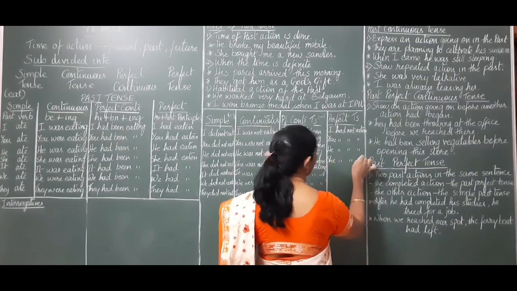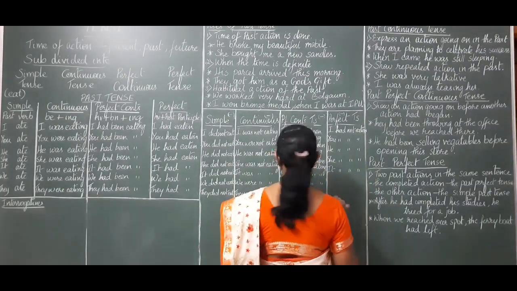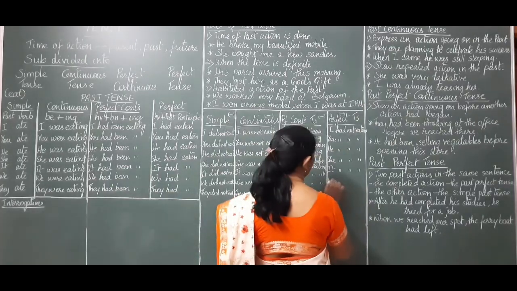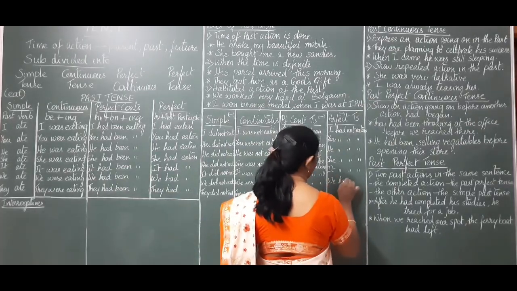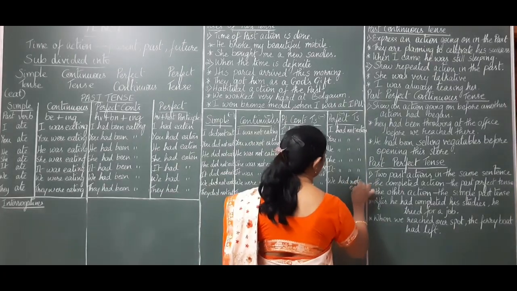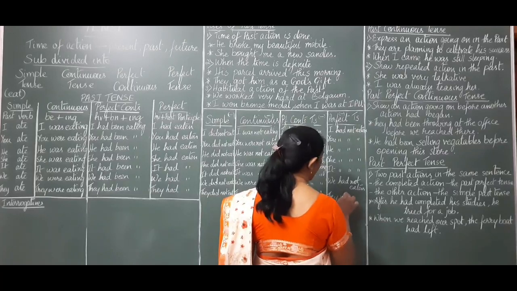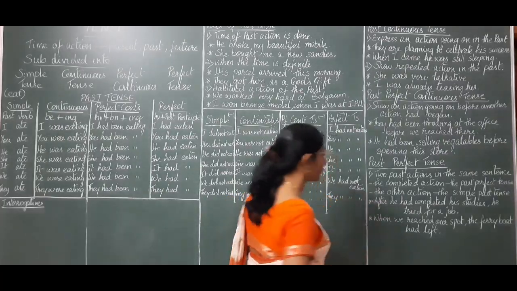She had not eaten. It had not eaten. We had not eaten. Third person, they had not eaten.